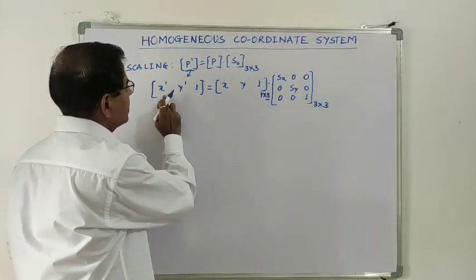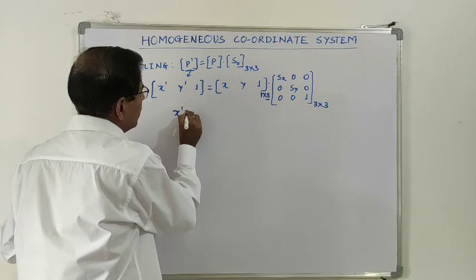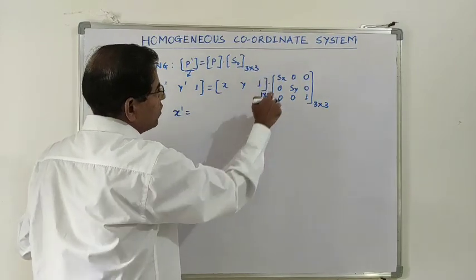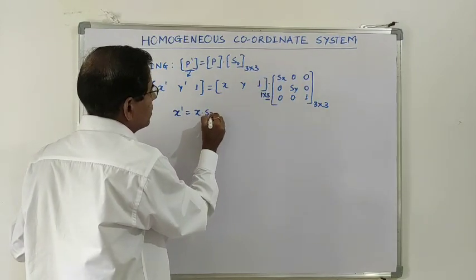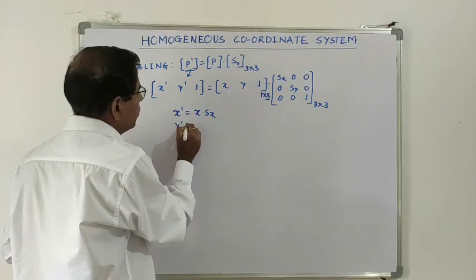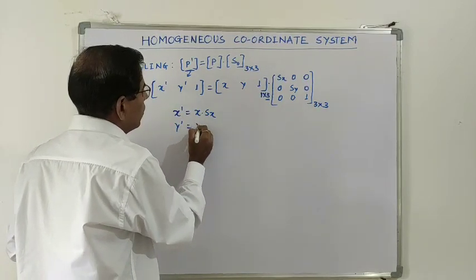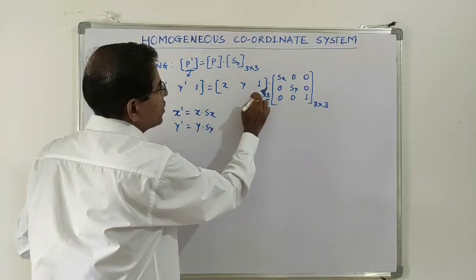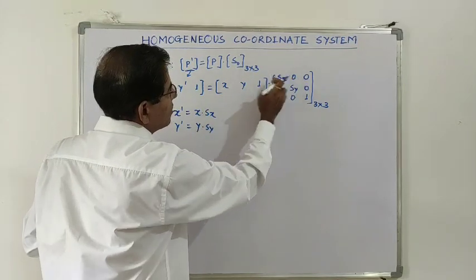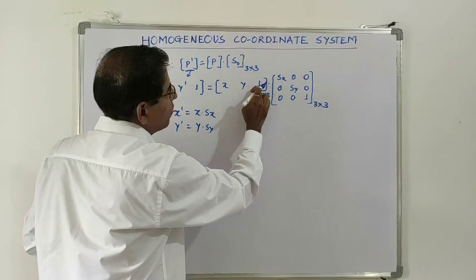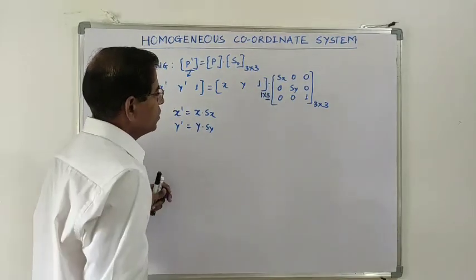And we know that x dash is equal to first row first column, x into Sx, y dash is equal to y into sy. So first row, second column, 0 into x, 0 into y, and 1 into 0.